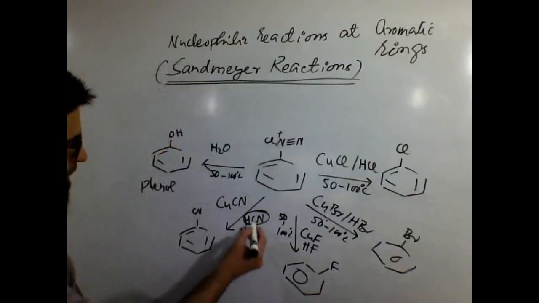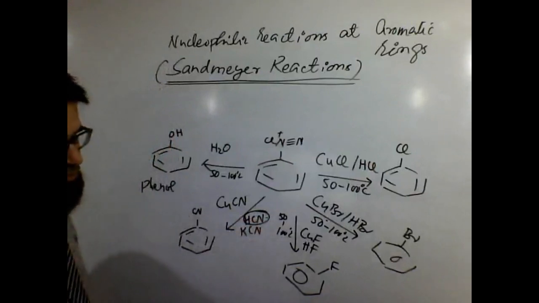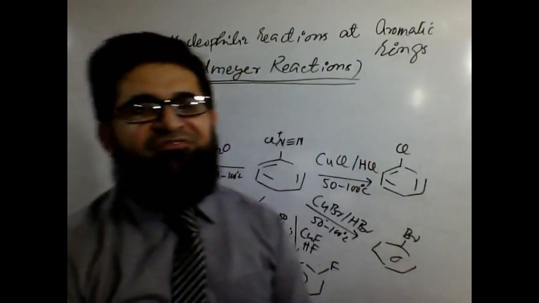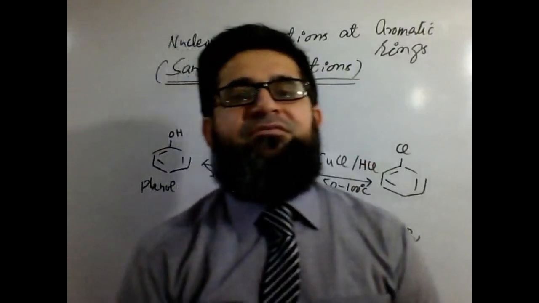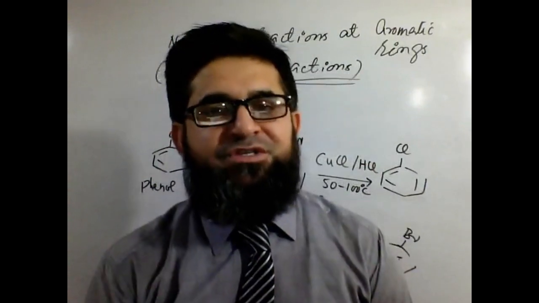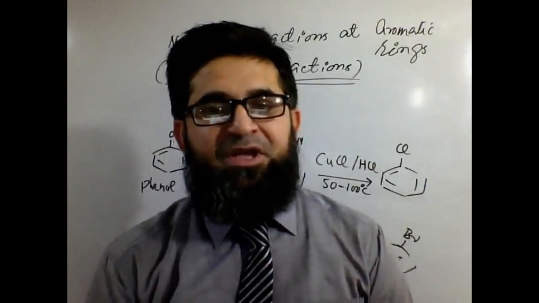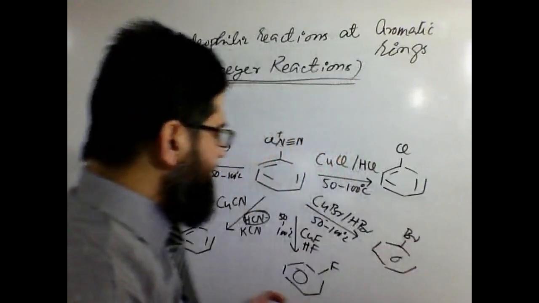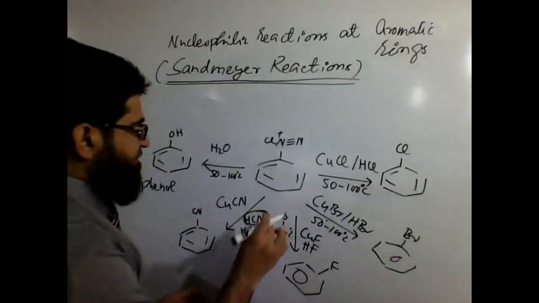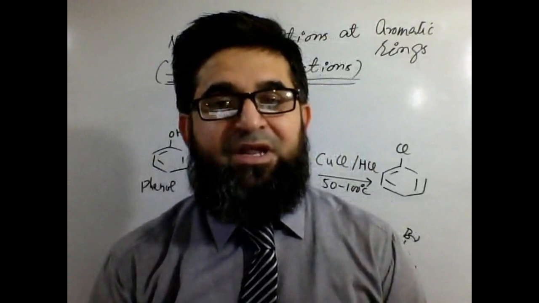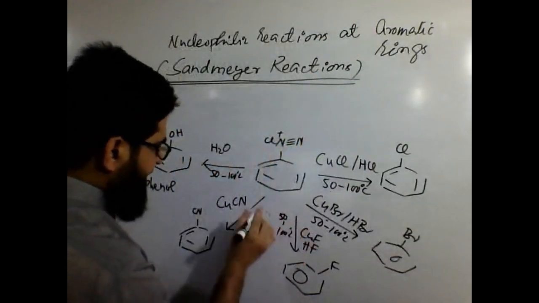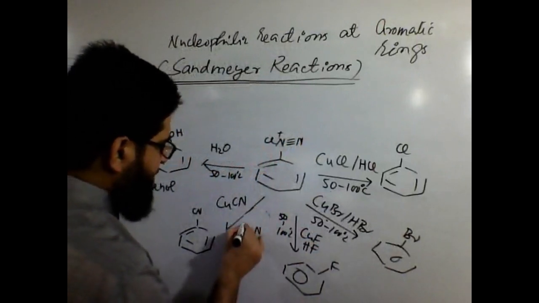Why is HCN not used, and KCN used? Because HCN is a weak acid. If it's a weak acid, proton dissociation will be very minute. If the proton dissociation is minute, then CN negative generation will be low as well. CN negative will not be produced that much in the reaction flask. However, if we put in KCN, it's an ionic compound, K and CN.